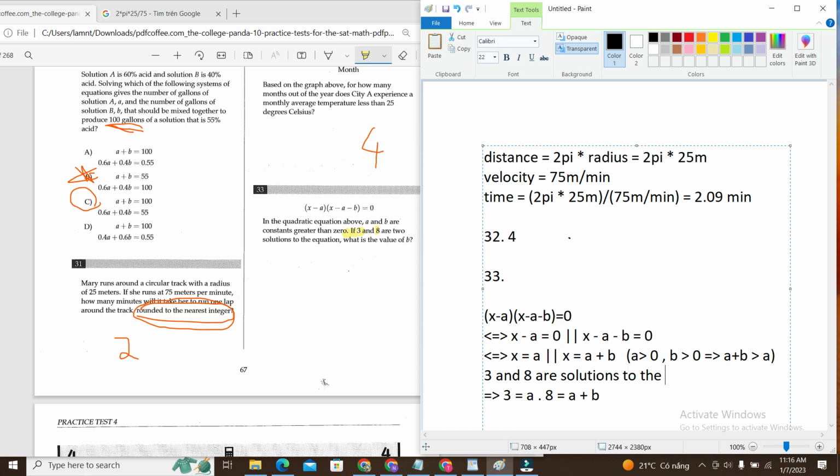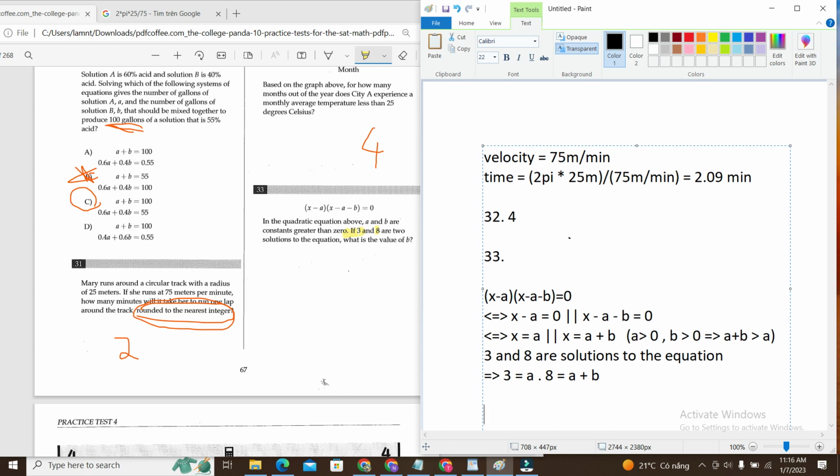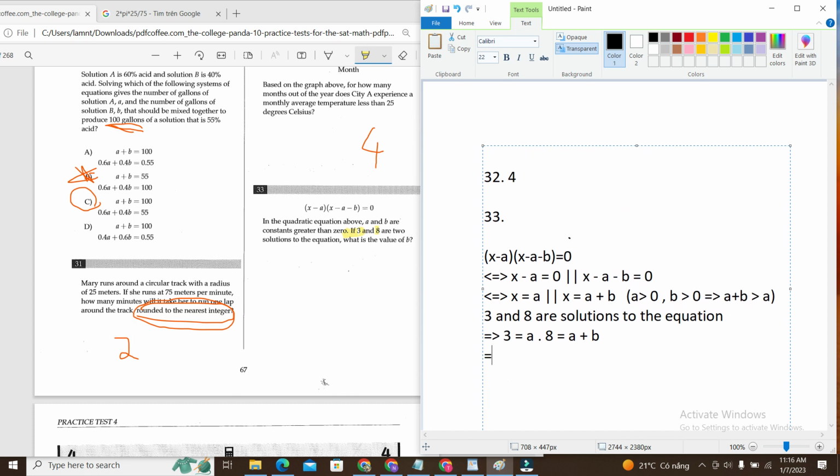So 8 is equal to a plus b. Therefore we can deduce b is equal to 5. So it's 5.